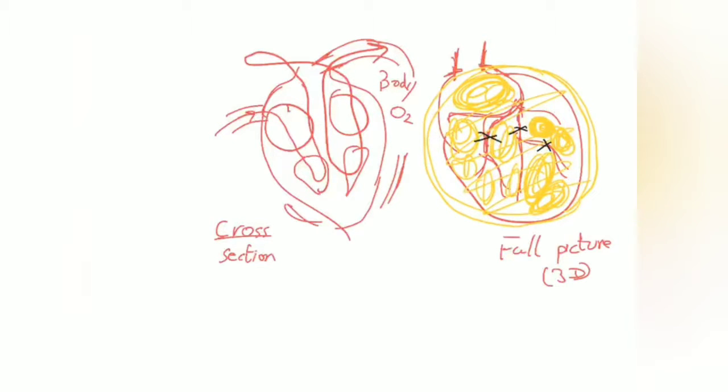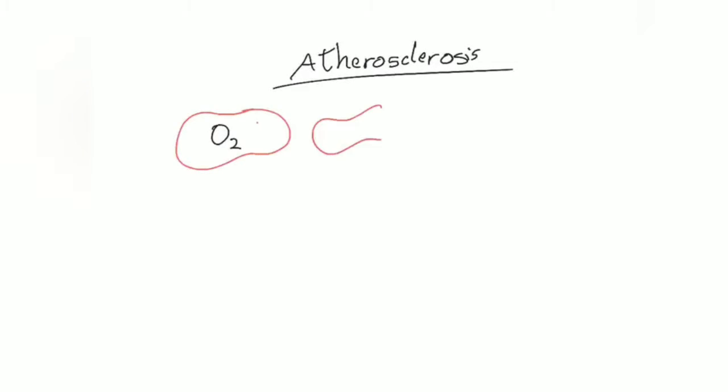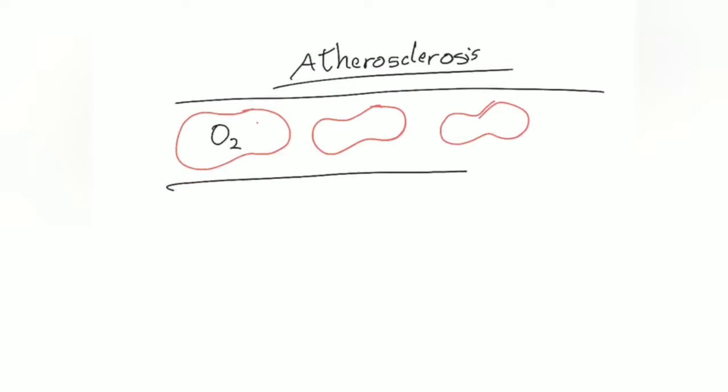Okay, so let's talk about this part specifically to explain what happens, specifically something called atherosclerosis. So if you remember, you have the oxygen right here in something called red blood cells. The red blood cells have this little concave shape. And then right here is the vessel, the capillaries.